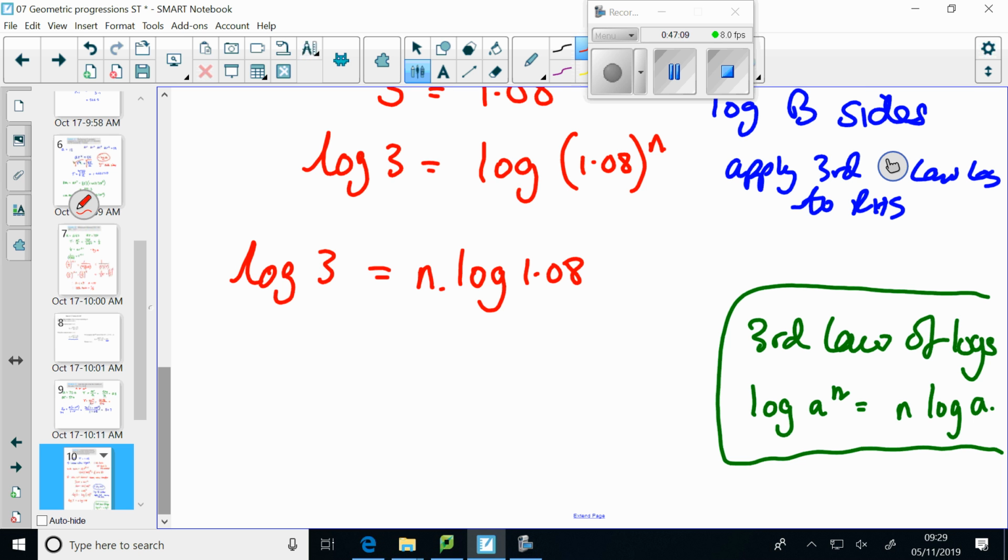So now how can we get n on its own? We're dividing by log 1.08.